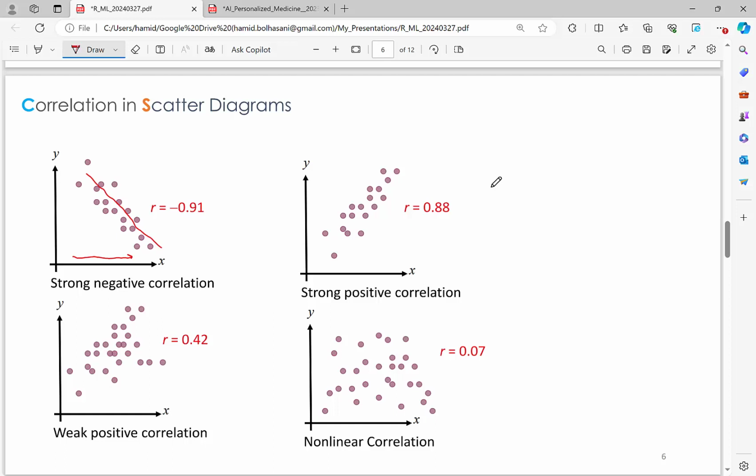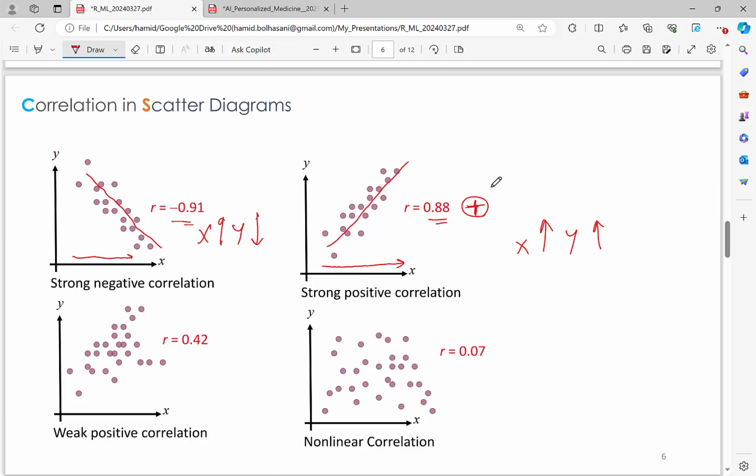You can see that with an increase of x the y values are increasing. We can see the r value here is negative, here is positive. This is positive correlation. It tells us that when x goes up, y goes up. Here when x goes up, y goes down.